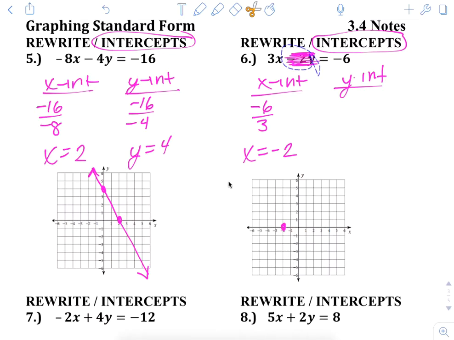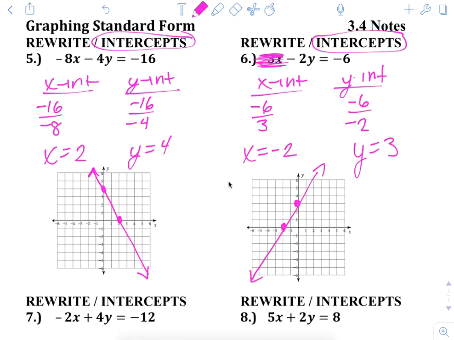Who do I cover up? Covering up our x. Make sure you only cover up the x, not the -2. All right, and how would we get y? We would take -6 divided by -2, and my y answer would be 3. So my y dot goes on 3 on the y-axis. And now I have enough information to draw my line.